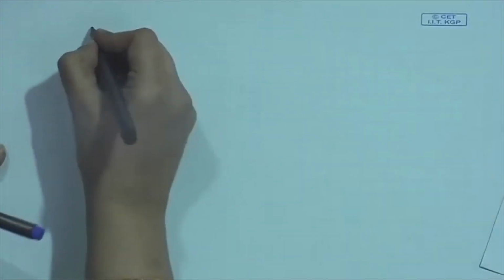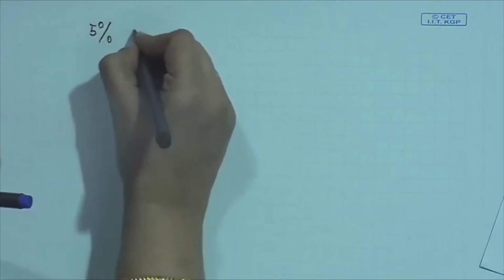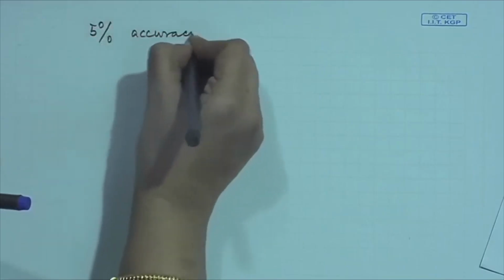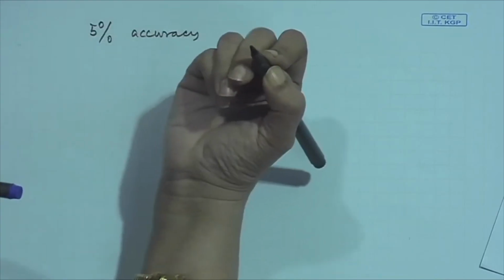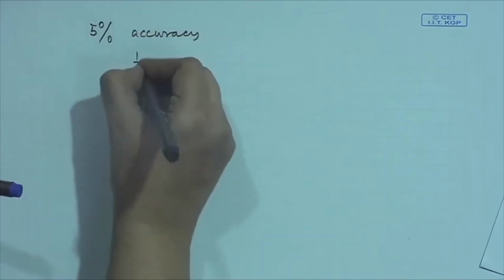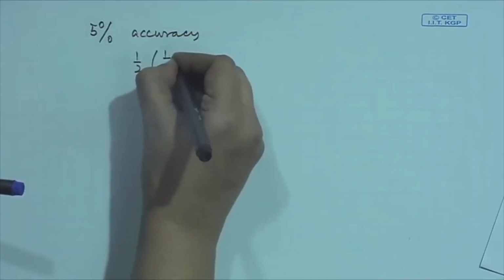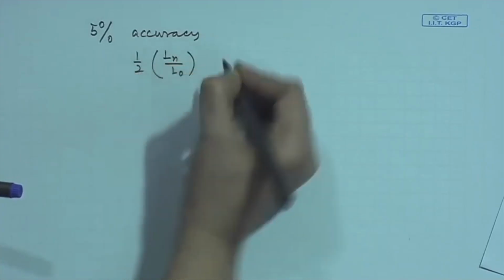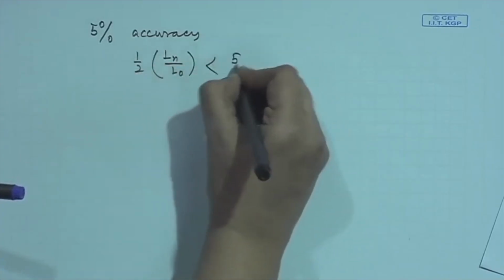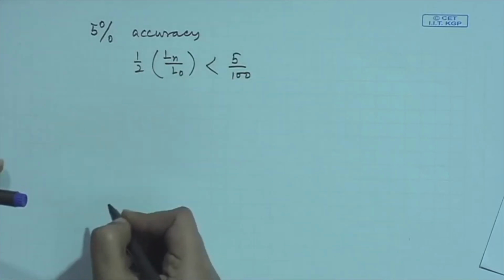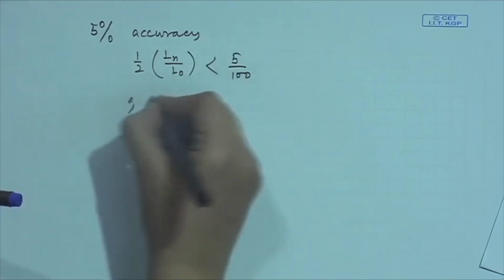The process is simple, I told you, but for example, I want to have 5% accuracy. I can have 7%, I can have anything. For 5% accuracy, half of the final divided by initial must be less than 5 by 100. Alright. What would be the value for this?